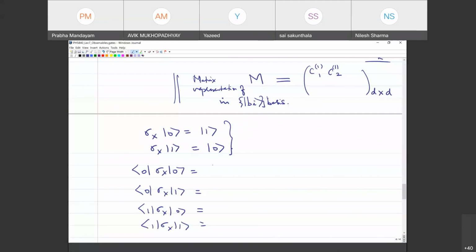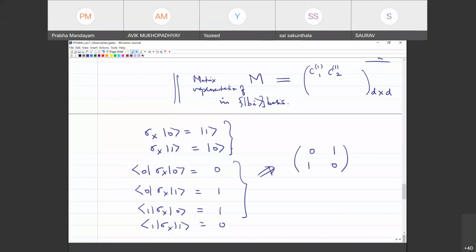Obviously this is 0, this is 1. What is 1|sigma x|0? It's 1. I hope you see this. This gives me the matrix representation 0, 1, 1, 0.